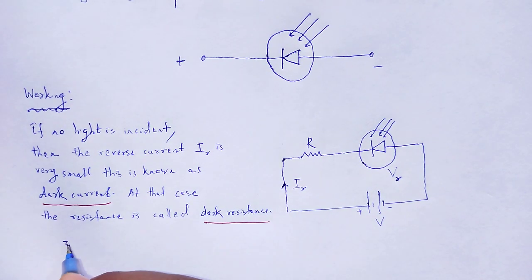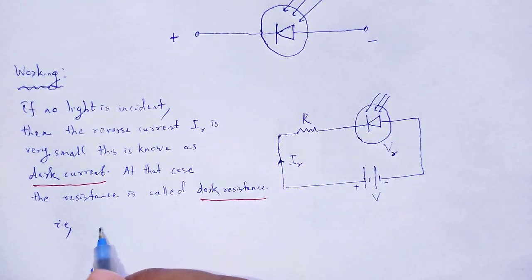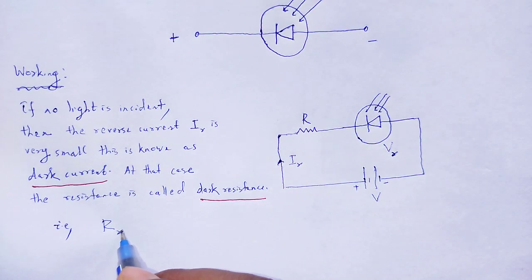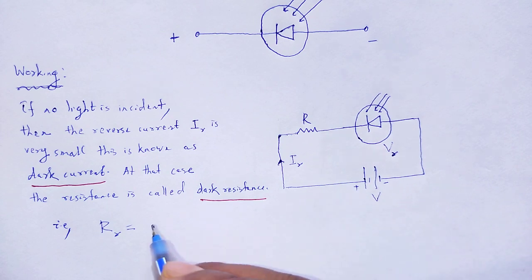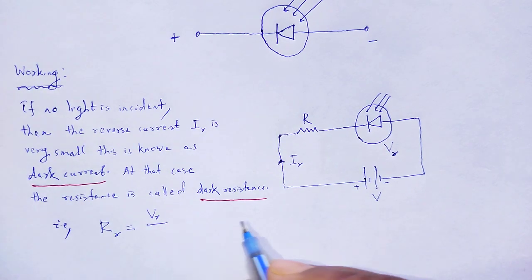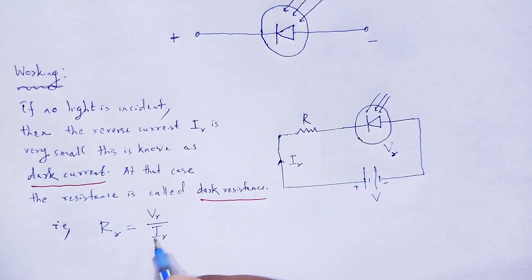That is, dark resistance R of R is equal to the potential V of R divided by the current I of R, when no light is incident.